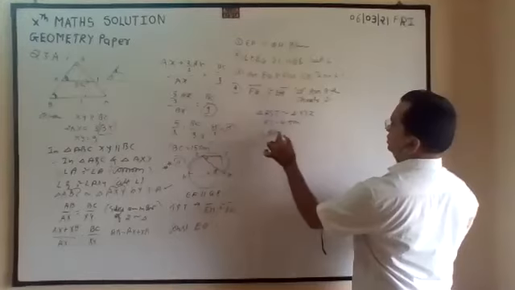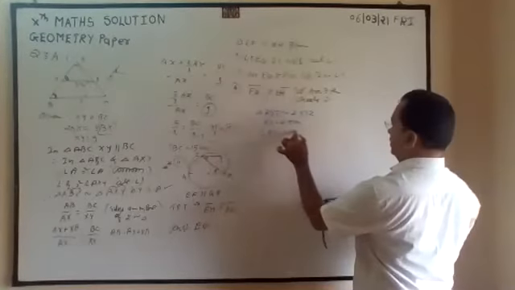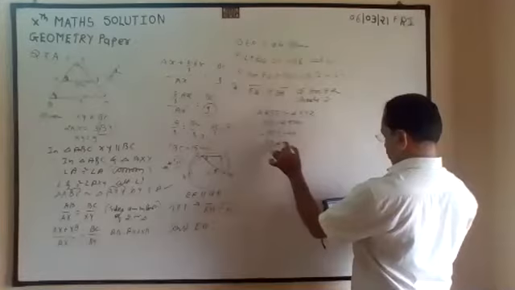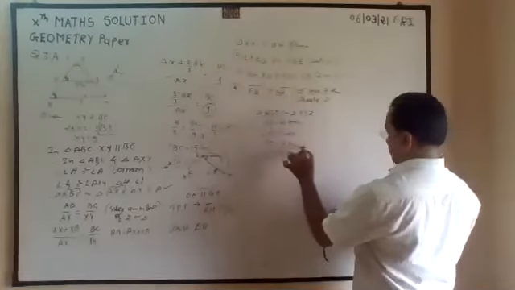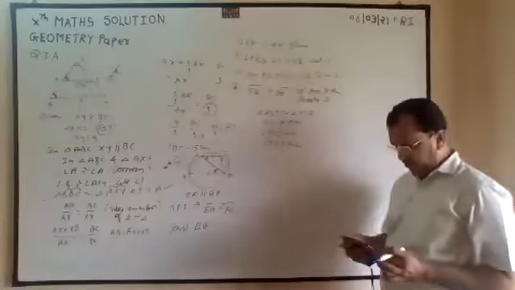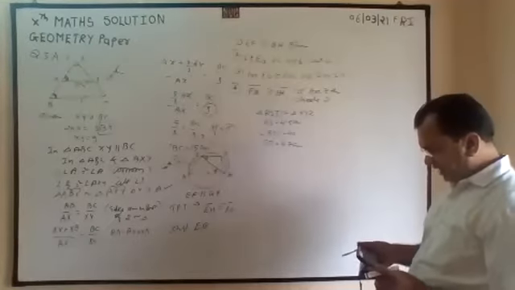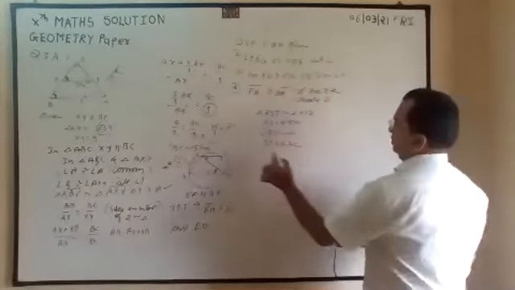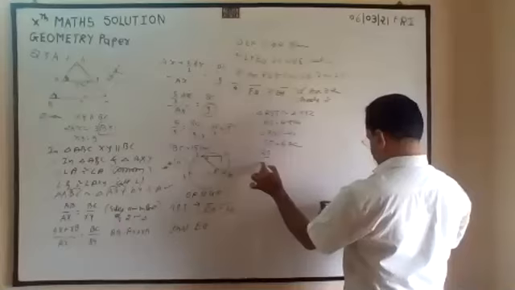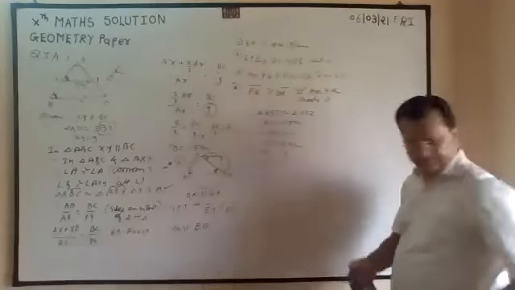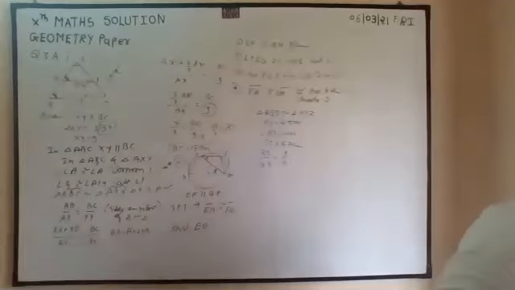Angle RST is equal to 40 degree and ST is equal to 5.7 centimeter. To construct RST and XYZ both, when RS by XY is equal to 3 by 5. Now start calculation.